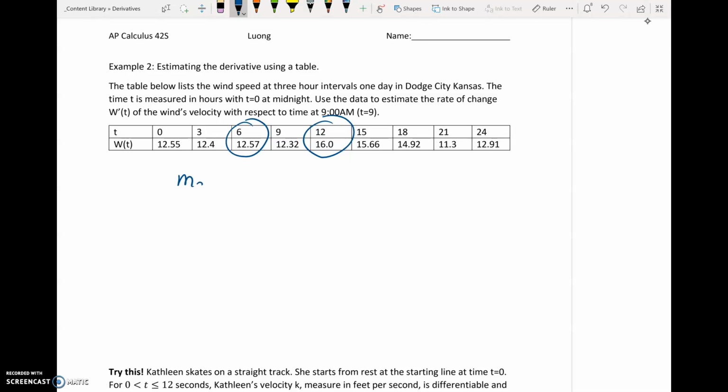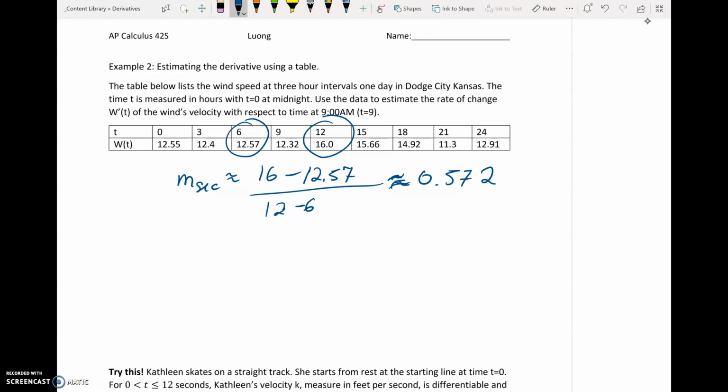So using m secant is about your y values, which is 16, and the other y value, which is 12.57, divided by 12 minus 6. This is going to be about 0.572.